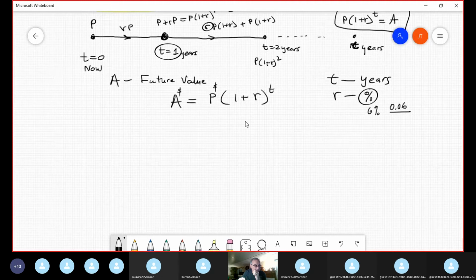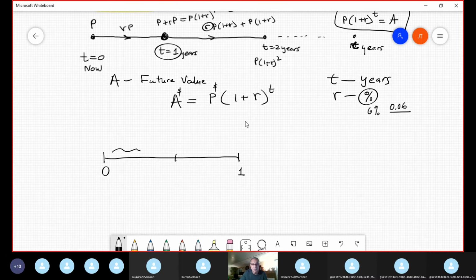Let me refine this formula using compounding. What is compounding? Compounding is when the partition of the cash flow is not necessarily per year. Maybe it's per month or quarterly. Suppose this is 1 year, 0, 1, and I divide the year in 2 parts.